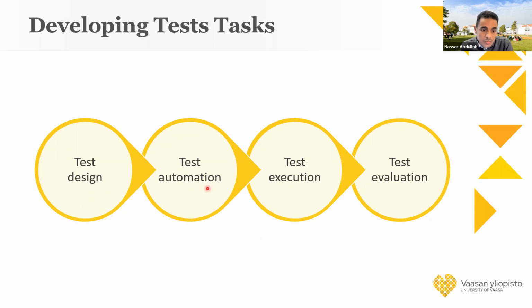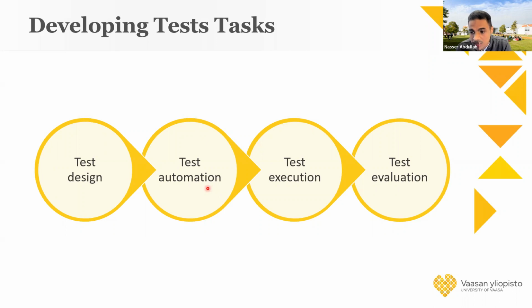The second task is test automation. Automation is the process of embedding the test cases that you designed in the first phase into a test script. Okay, now you have the test cases, so how will you add these test cases into a test script?